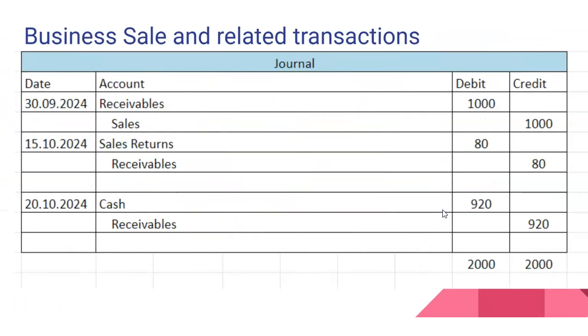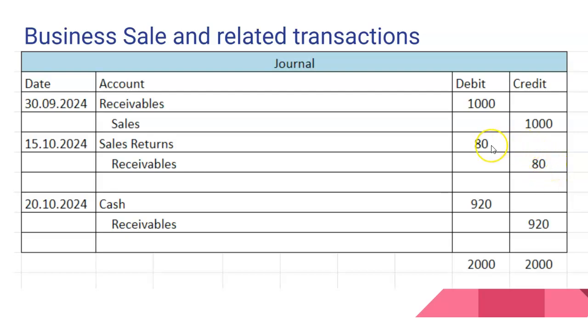But now let's have a look at the journal. So again, starting from the same transaction, receivables, we are waiting for payment, and then we find out that there is actually a return of the goods because of the broken item. So we have to reduce our receivables because we're not going to get 1,000, we're going to get £80 less because of the broken item, right?